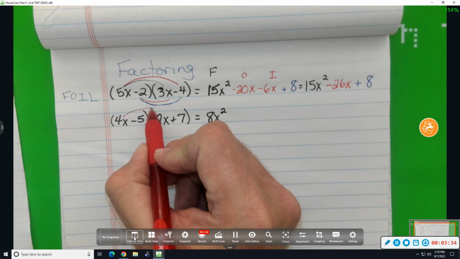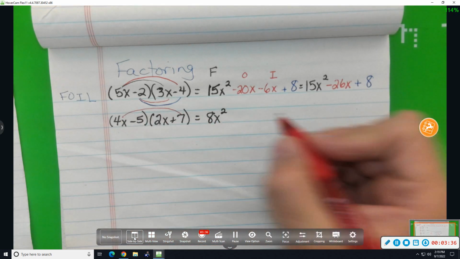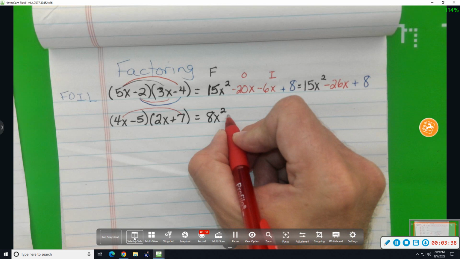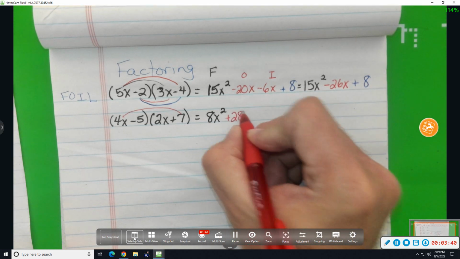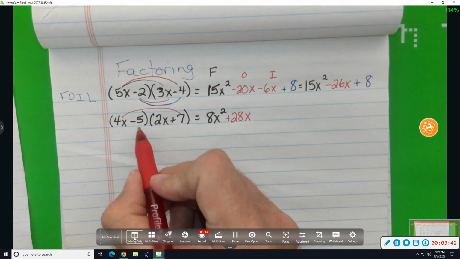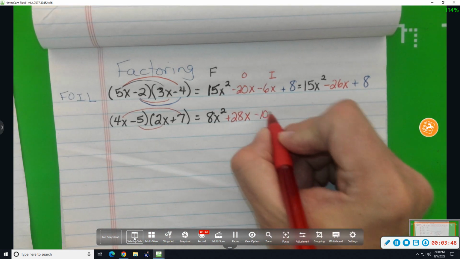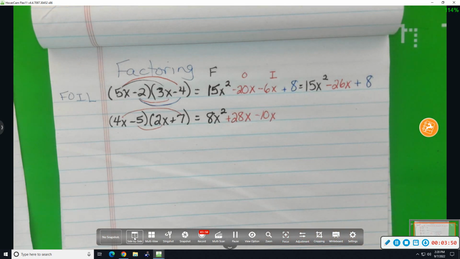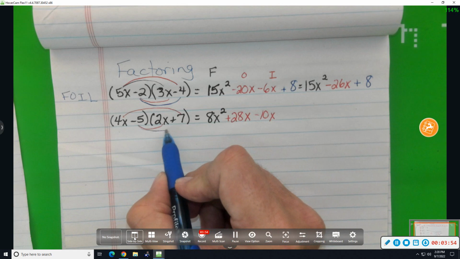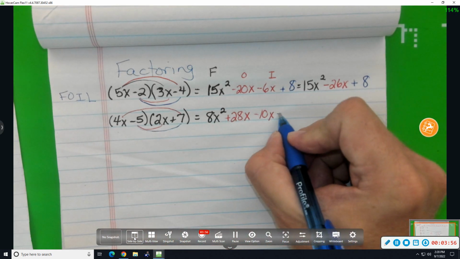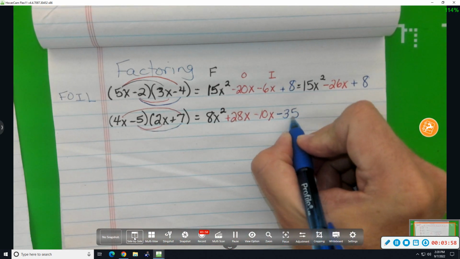Let's see, we would have, is that a plus 28x? And what? A minus 10x? So first, outer, inner, and now the last, what's the last term going to be? A negative 35? Is that what I heard?